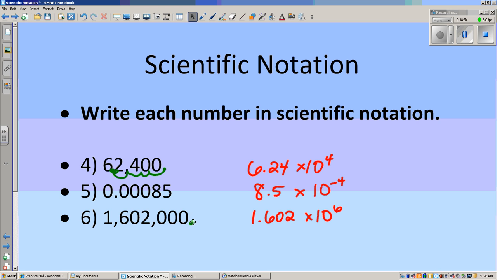We're moving it between the 1 and the 6 to make it a number between 1 and 10. That number being 1 and 602 thousandths. And we moved it 6 decimal places, so that will be our exponent. It's raised to the 6th power.